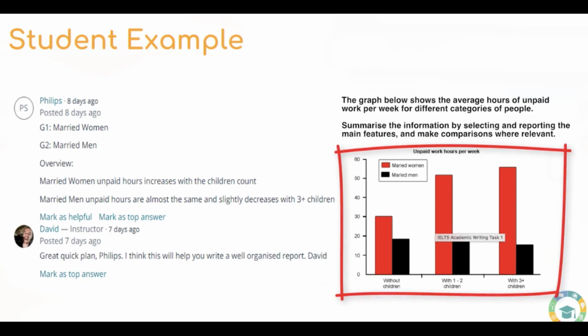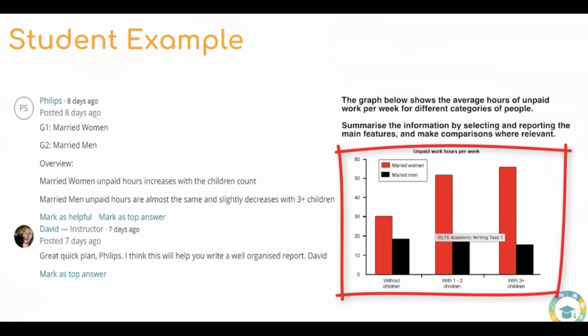And along the x-axis we have without children, with 1 to 2 children, with 3 plus children. Having a quick look at the data presented in red for married women, we can see that the amount of unpaid hours increases, whereas with men, it actually looks like it decreases slightly.